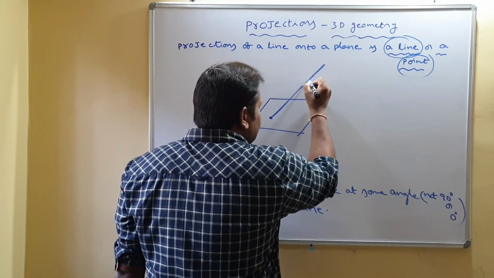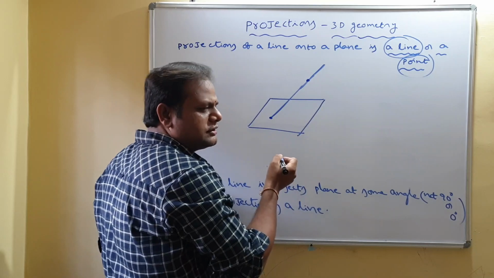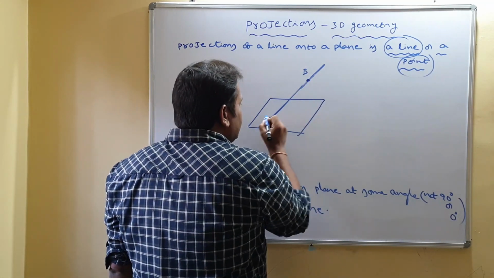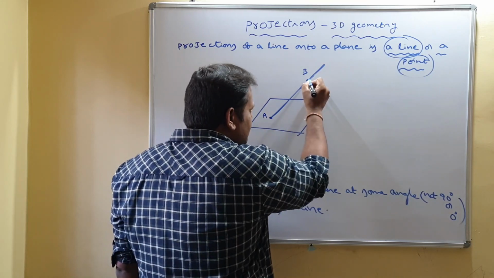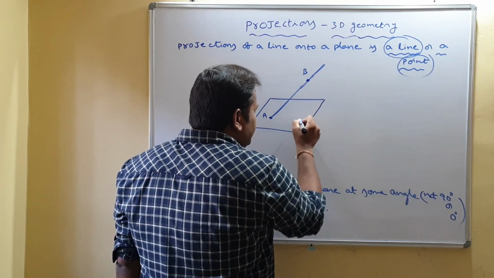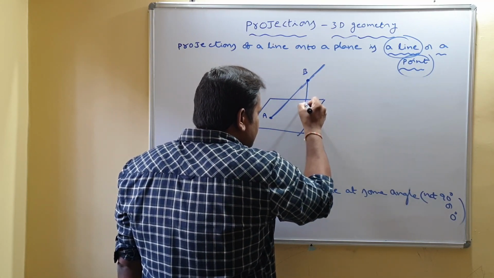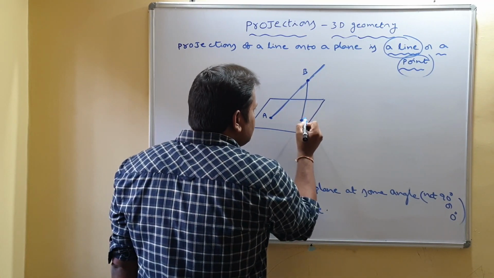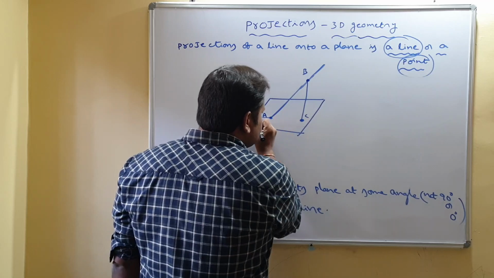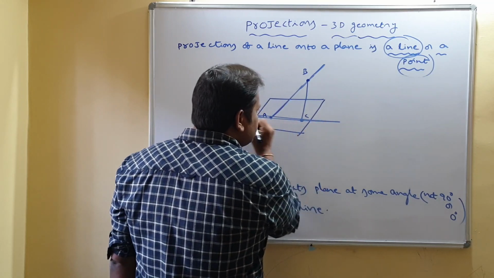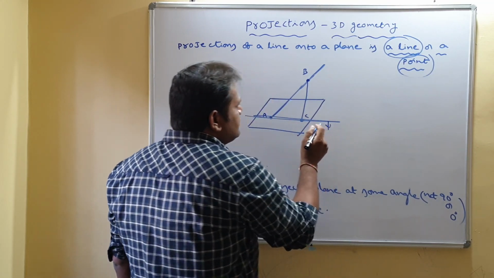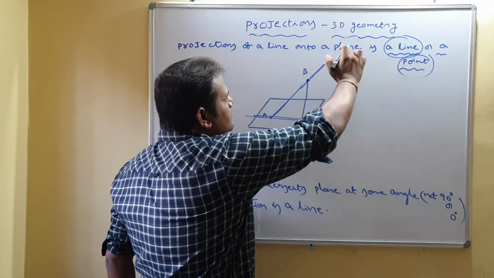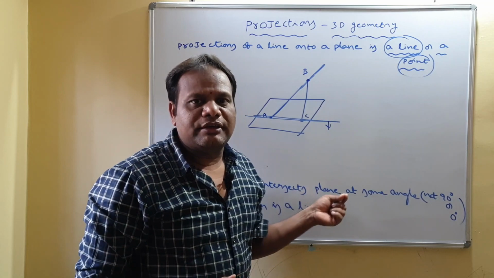Here you take one point, any point you can take on this line, suppose B I am taking, and I am taking this is A. Just you drop a perpendicular from B to the given plane. It is the perpendicular. So this is the foot of the perpendicular. Suppose I am taking AC. So this line is the projection of the line AB.